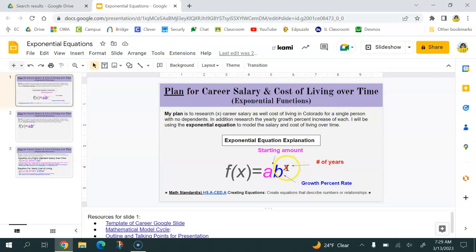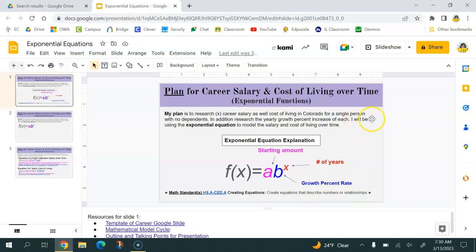And then the X stays, because that represents the number of years that you work in your career. That just stands for number of years.